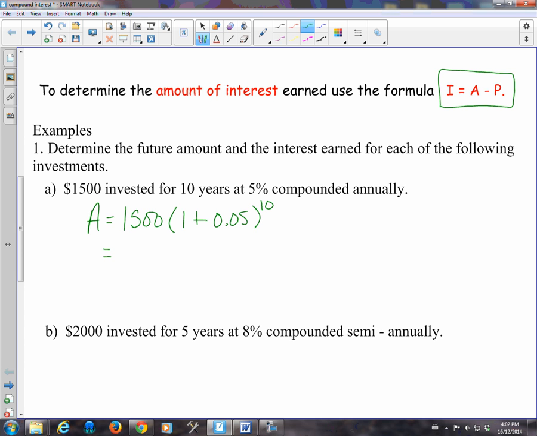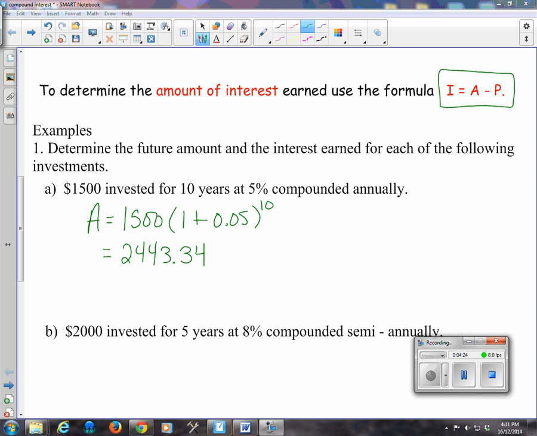And then you type that directly into your calculator and get an answer. So I'm going to type exactly in 1,500 times bracket 1.05 bracket to the exponent 10. And I get an answer of $2,443.34.